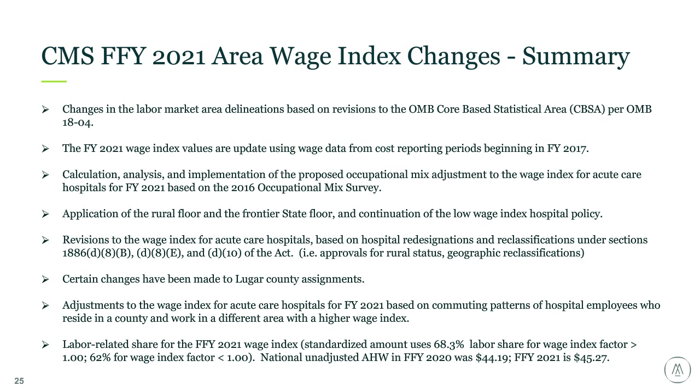Kind of as a rule of thumb, if you have an unadjusted average hourly wage of $45.27 in federal fiscal year 2021, your wage index value is going to be 1. That's the baseline. Also, all things being equal, if the overall average hourly wage of your core base statistical area did not rise by at least $1.08 an hour in fiscal year 2021, there's a likelihood that your wage index factor will have decreased between years.